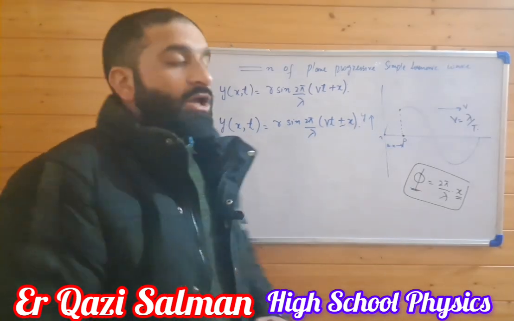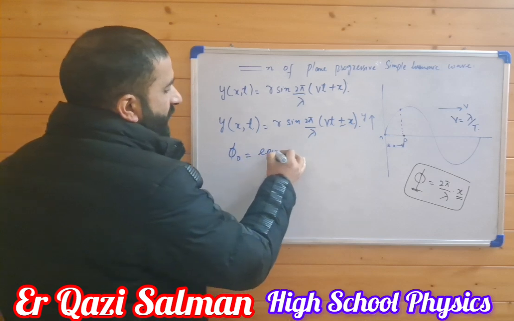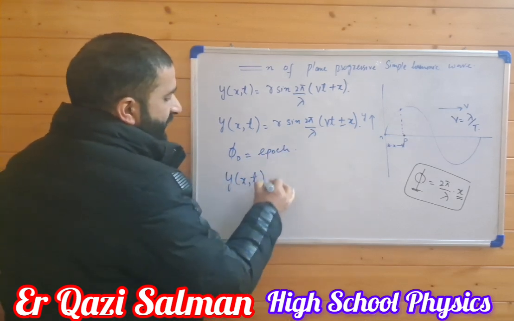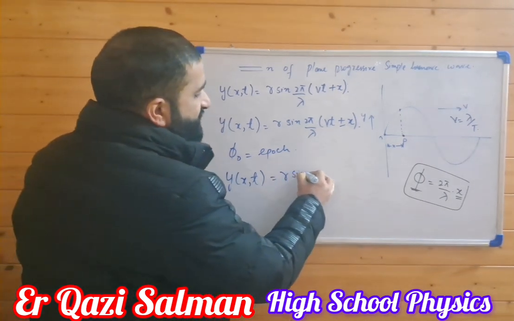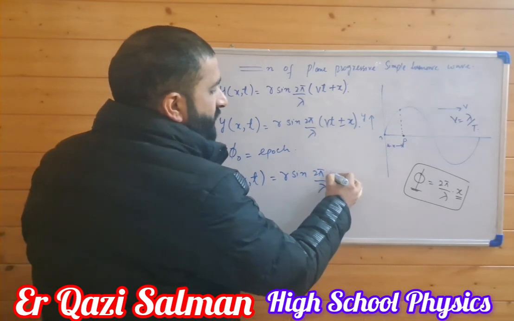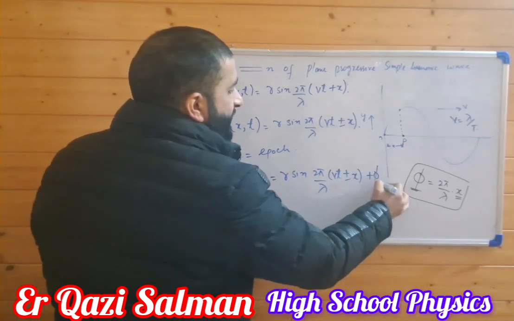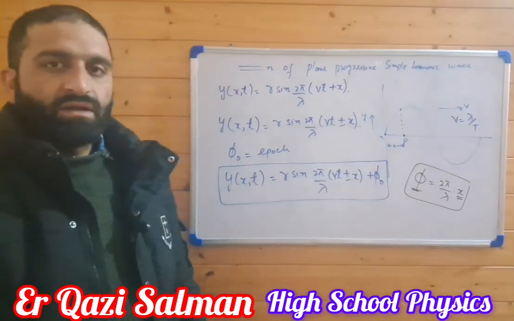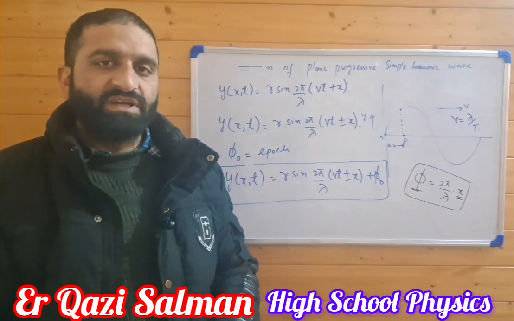Now, if phi 0 is the initial phase difference, epoch, in that case the equation of the plane progressive wave y at x comma t is equal to r sine of 2 pi by lambda into vt plus or minus x plus phi 0. This wave starts from the mean position.